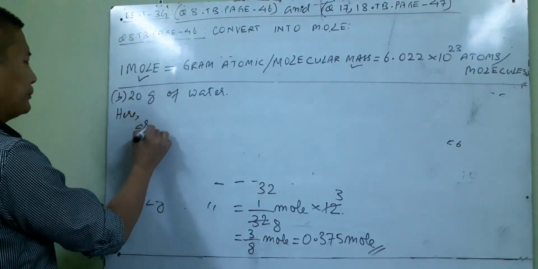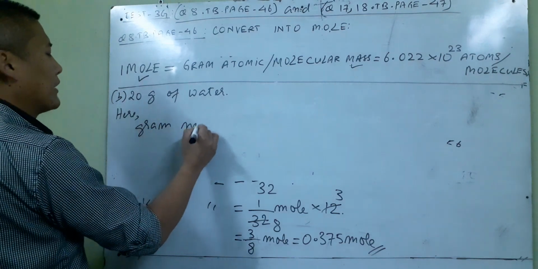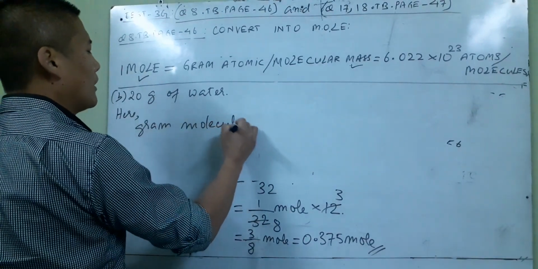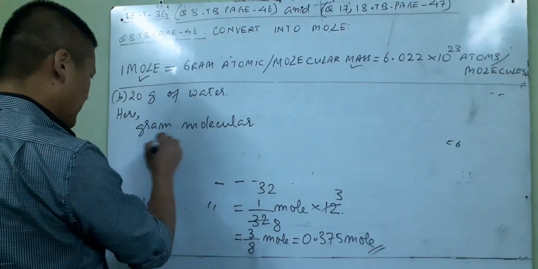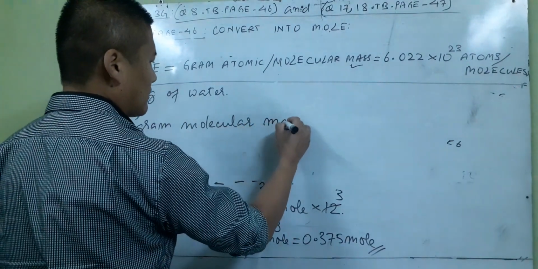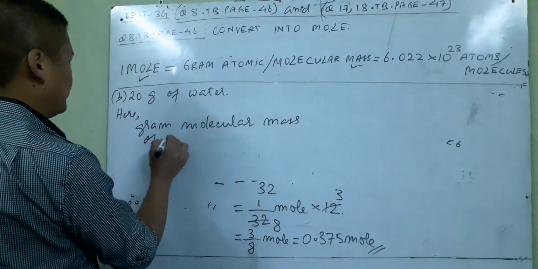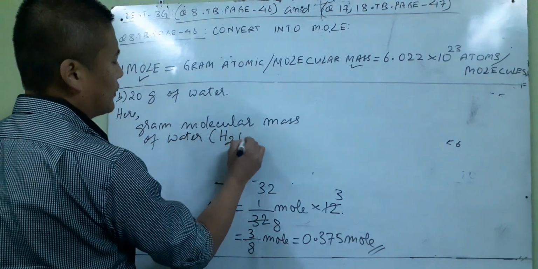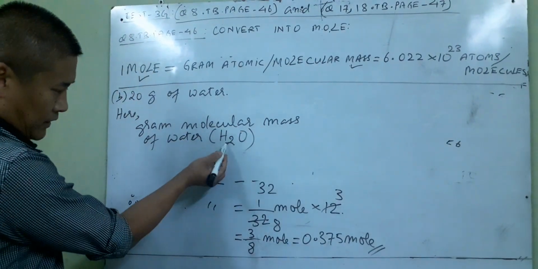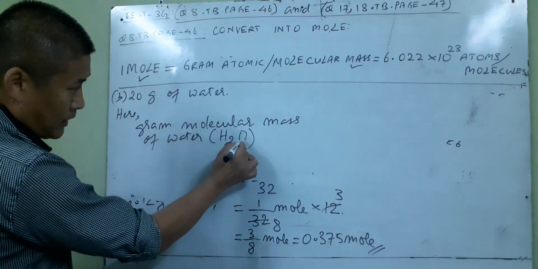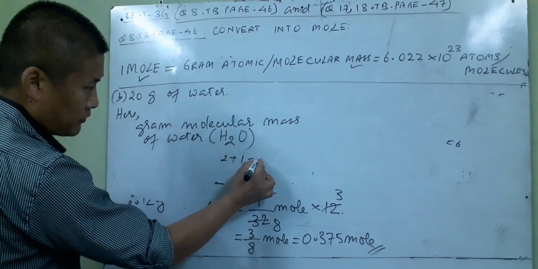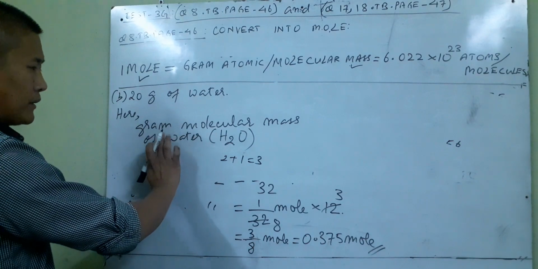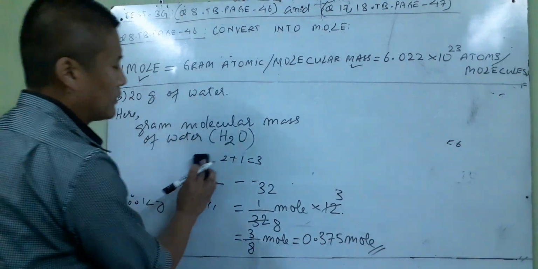Here, gram. Again, we write molecular because water is a molecule. Molecular mass of water, and we are expected to know the formula H2O. That's why there are here 2 hydrogen atoms, 1 oxygen atom equal to 3 atoms making the water. That's why it's molecule, more than 1 atom, right?